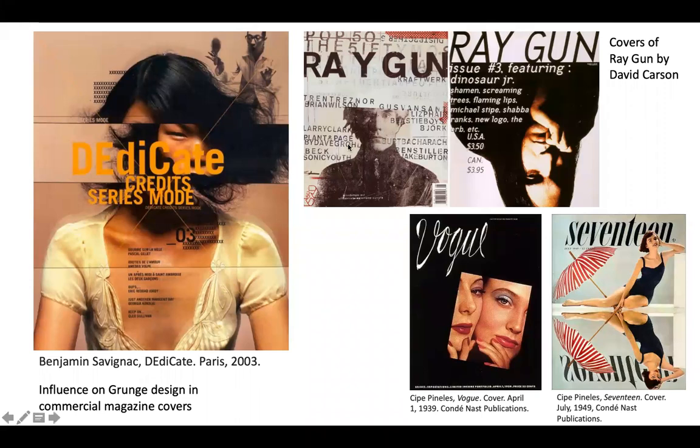So here you have Ray Gun, a magazine that I showed you at the beginning of the first section of the lecture. This is Andy Warhol, not surprisingly. And here we have two covers from Ray Gun. And they clearly display all the characteristics that we discussed before: the overprinting, the blurry photo, the kind of, nothing is truly aligned.